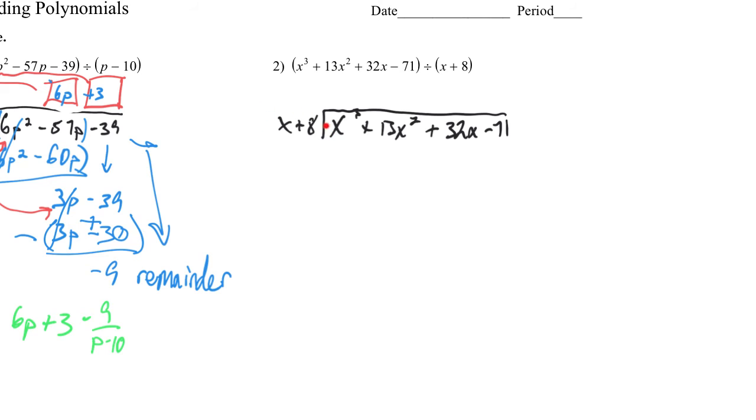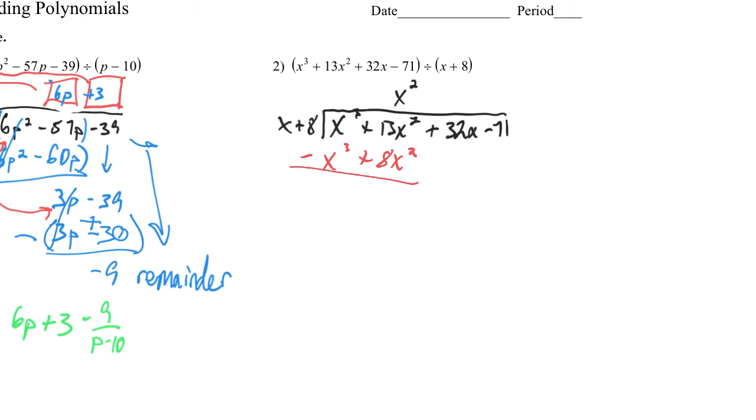It's all ones, so you don't need to worry about the number, but how do you go from x to x cubed? You need 2 more x's. So you just put x squared there, and then you distribute it. We're taking x squared times x, then x squared times the 8. So we get x cubed plus 8x squared.